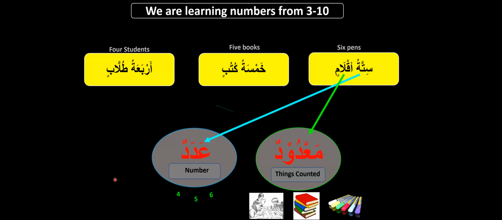Next one, khamsatu kutubin, 5 books. The number is khamsatu, and what we are counting is kutub, and that is called ma'dud. Once again, arba'atu tullabin: arba'atu is the number, and what we are counting is students, and that is called ma'dud in Arabic.